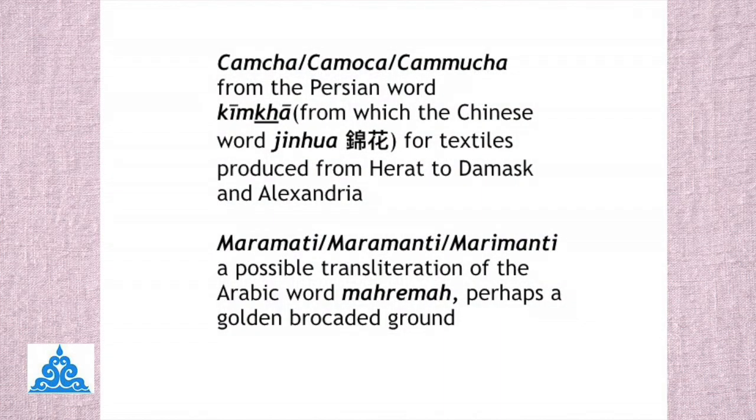You can find all these types of transliteration adopted for textiles produced in Herat, Damascus, and also Alexandria, as well as other textiles called marmadi, a possible transliteration of the Arabic word maremha, perhaps a golden brocaded ground. This does not exclude the assumption that the Persian kimka, from which the Chinese jinhua and possibly the Italian kamka, kamuko, kamoka derive, could be included in the general category of Tartar textiles as they were known in late medieval Europe.